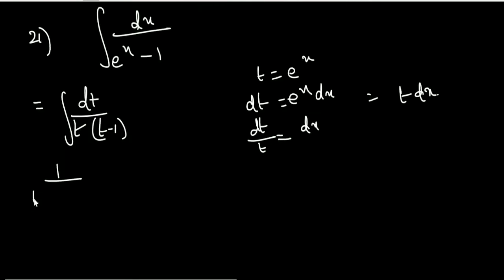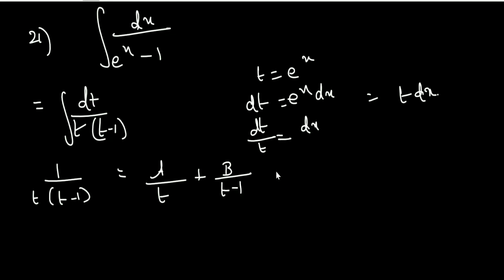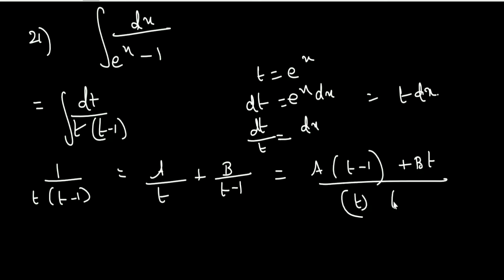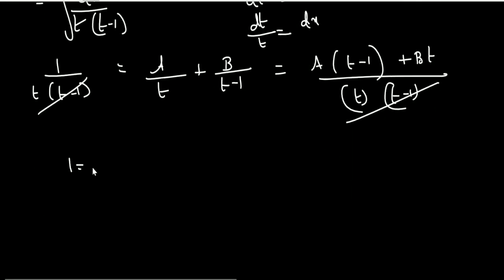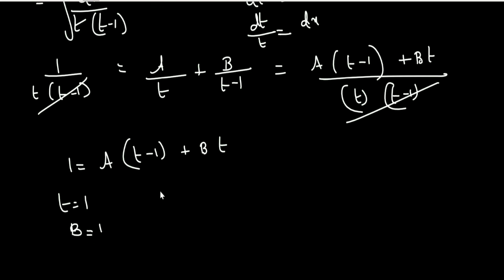Let's split into partial fractions. 1 by t into t minus 1 is a by t plus b by t minus 1. So that is a into t minus 1 plus b into t by t into t minus 1. So 1 is equal to a into t minus 1 plus b into t. If t is 1, you get b as 1. Put t as 0, you get a is minus 1.